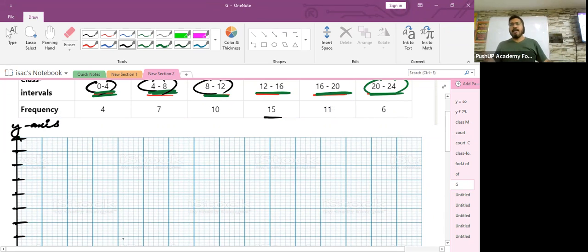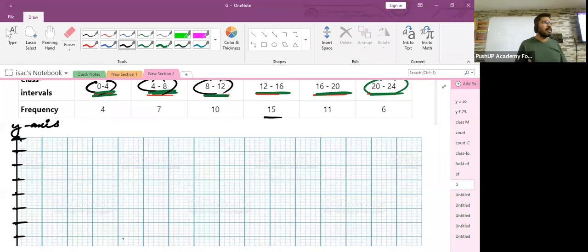So is it okay? I'm asking you a question, children. Is it okay if I take each centimeter on the y-axis as 1 unit or 1 frequency? Yeah, there is no problem in doing that. Children, understand the logic very clearly from me. Then it becomes very easy. No matter what numbers or what frequencies are given to you, you will just do it like this.